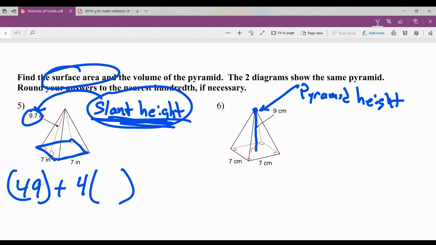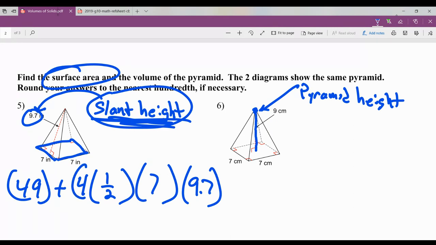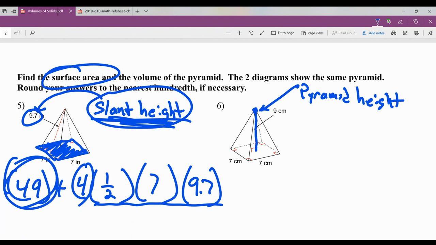And each one of those triangles is 1/2 a base, which is 7, times the height of each triangle is 9.7. So the total surface area would be 4 triangles, and each one is 1/2 base times height. So 1/2, 7 times 9.7. And then you have to add the area of the square at the bottom. I won't bother doing the calculations. You guys can handle something like that.